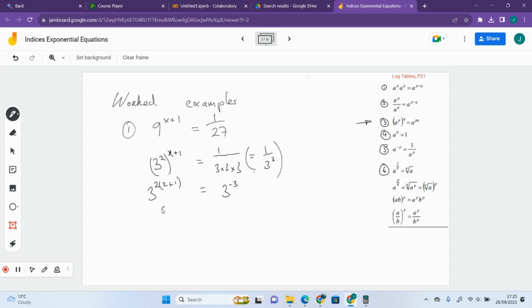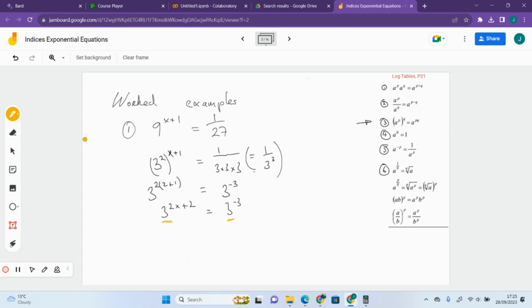So 3 to the power of 2x plus 2 is equal to 3 to the power of minus 3. That's now fully simplified on both sides. You can see that the two bases are the same, so in effect they're redundant, because it's only these two things, the powers, that are changeable here.